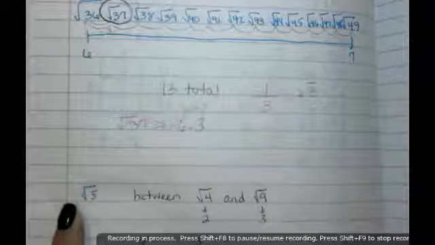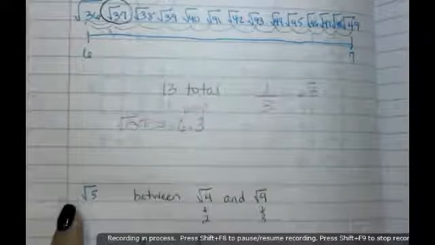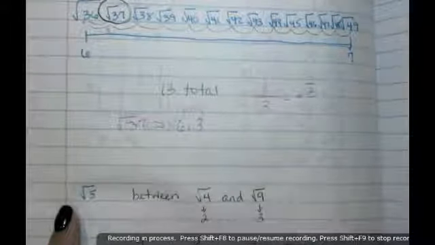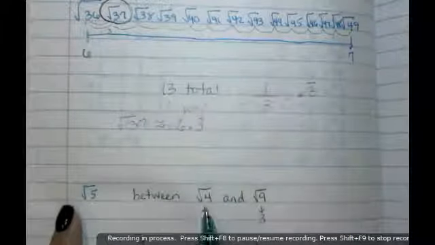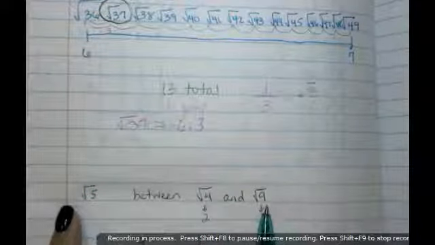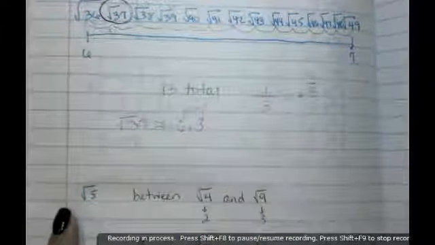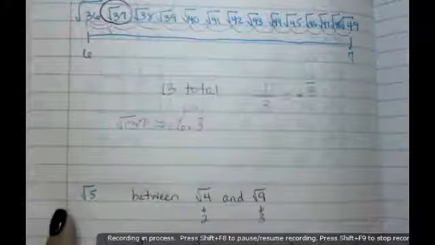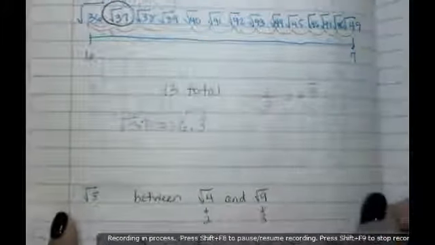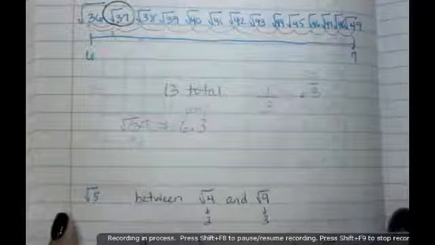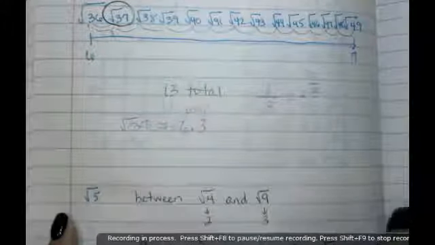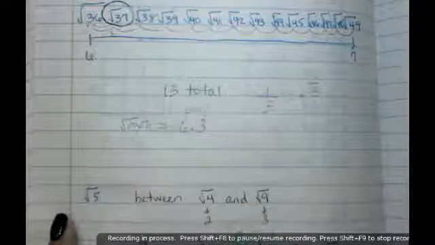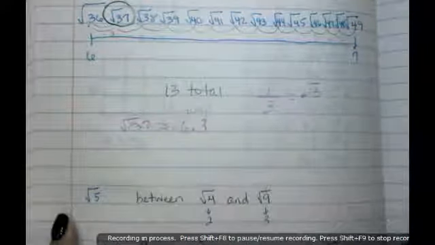So this is 1/5 of the way, part out of whole, 1/5 of the way between the square root of 4 and the square root of 9. 1/5 as a decimal is 0.2. So the square root of 5 is approximately, between 2 and 3, 2.2.